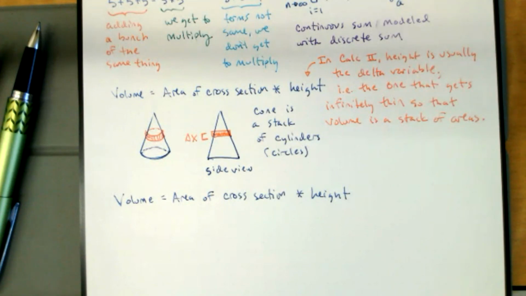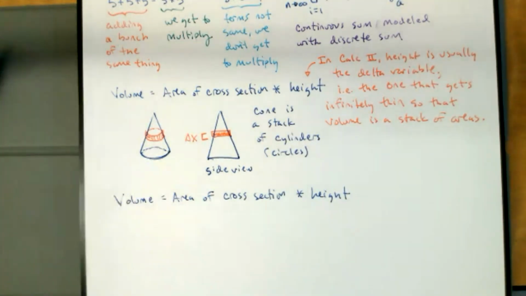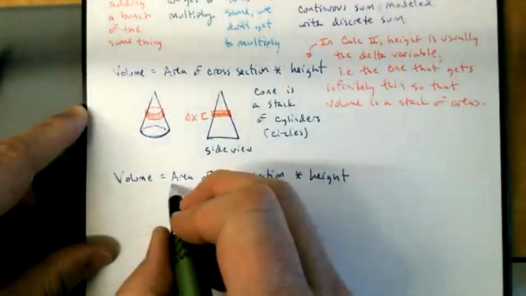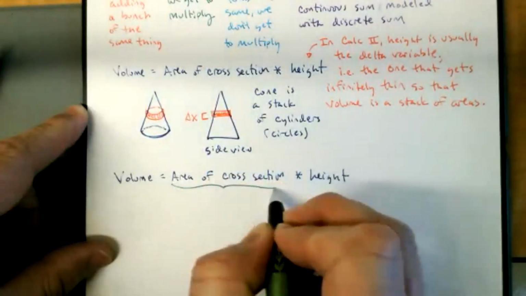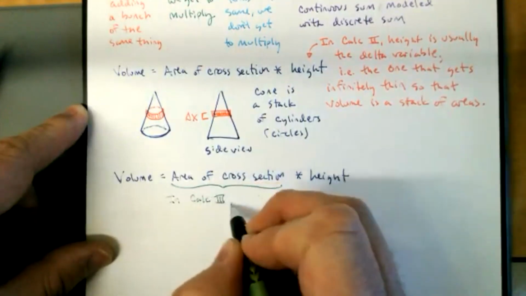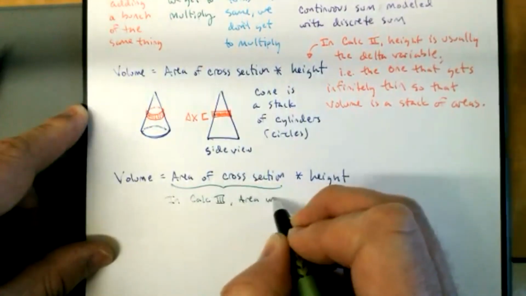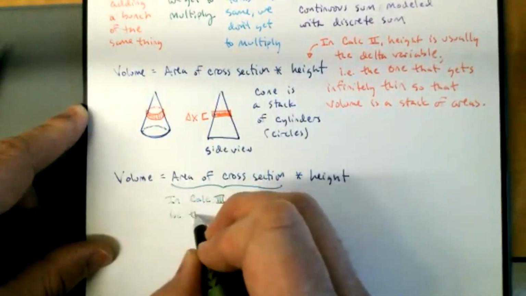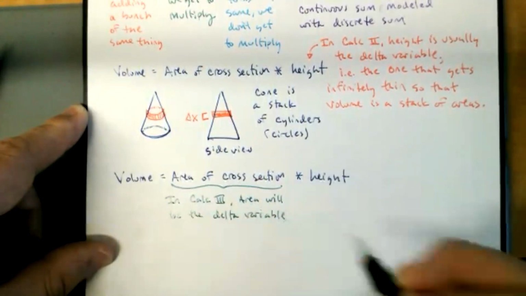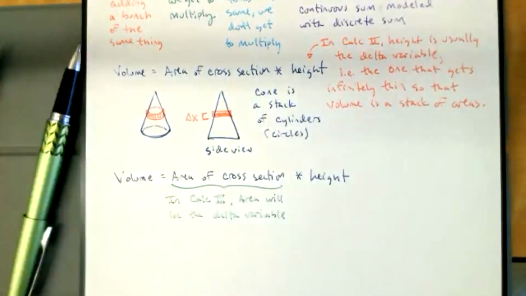So in Calc 3, the area is going to be the delta variable, and the height is going to be the function.